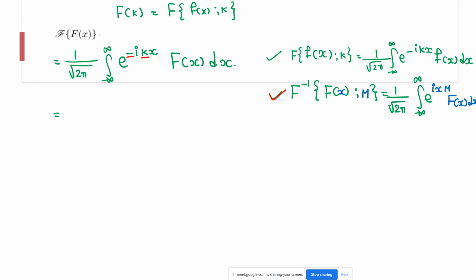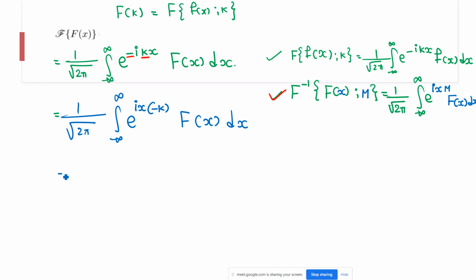So now by using this, 1 upon root 2 pi integrating from minus infinity to infinity e raised to ix as it is, ma'am. What I did is in the place of M, I have minus k. It is F of x dx. Is it okay? Now, can I write this is same as F inverse of capital F of x. Now, in the place of M, I have minus k, right? So it is converted to the variable minus k.